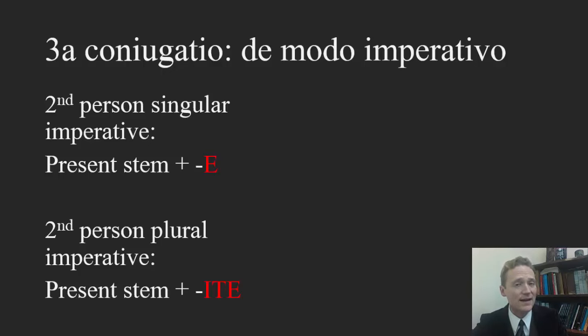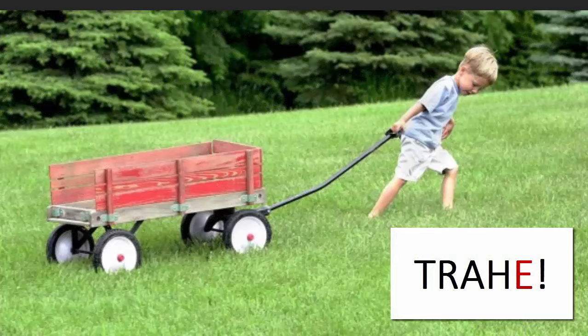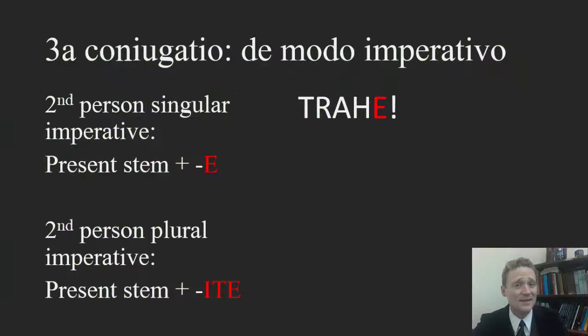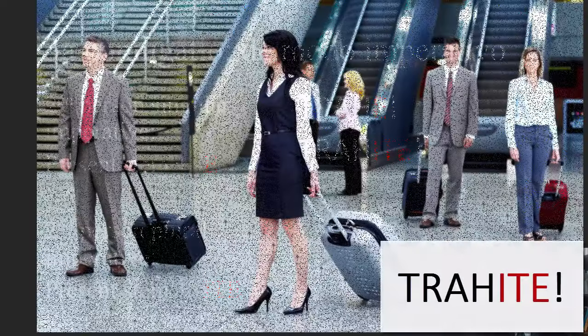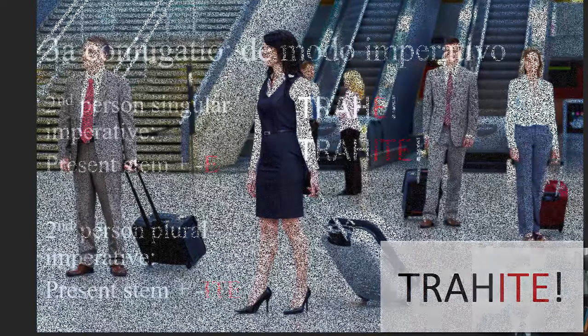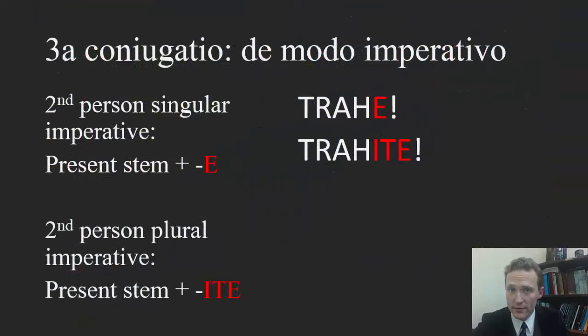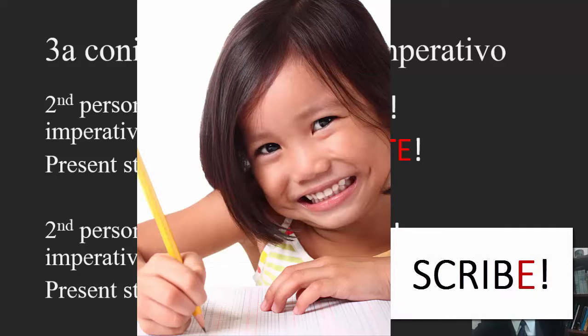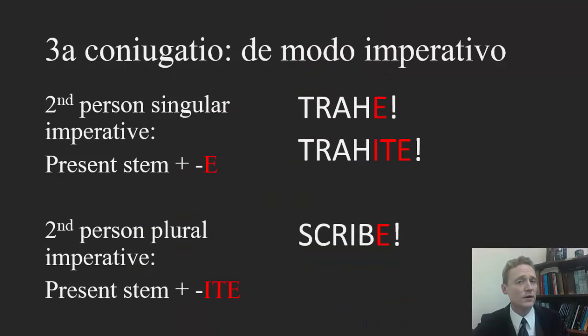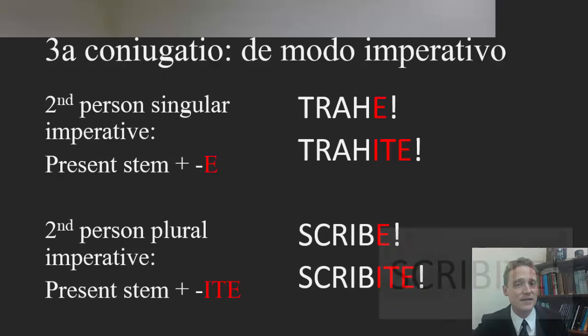Therefore, if I tell one person to drag something, I say trahe. If I'm telling everyone to drag something, I say trahite. If I'm telling just you, taking your notes, to write something, I say scribe. But when I'm in front of the class and I want everyone to write something down, I say scribite.